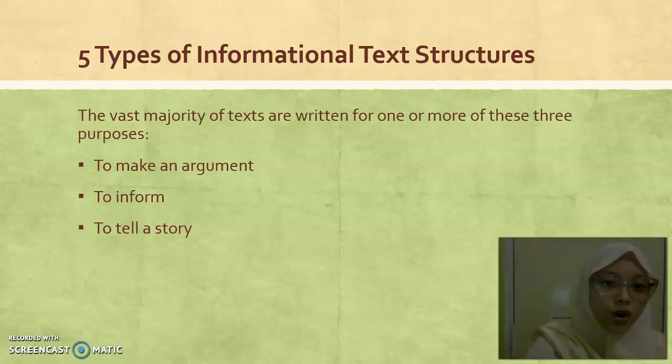Five types of informational text structure. The vast majority of texts are written for one or more of these three purposes. The first is to make an argument, then to inform, and the last is to tell a story.